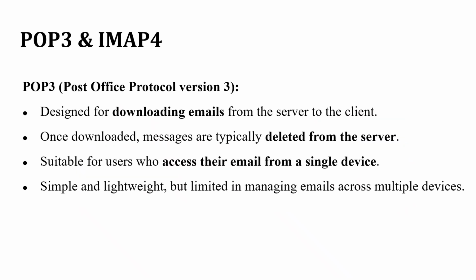POP3, or Post Office Protocol version 3, allows users to download emails to their local device, often removing them from the server afterward. It is simple and efficient, making it suitable for users who access their email from a single device.